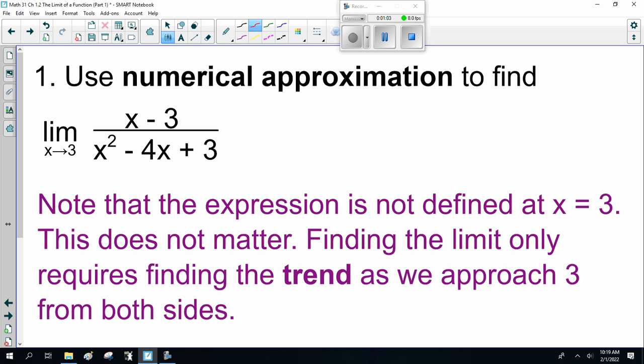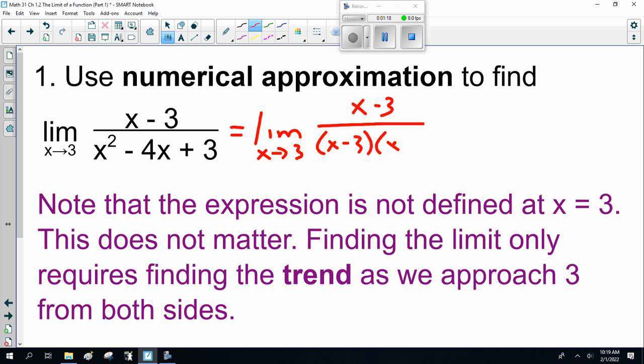We can simplify this. This is the limit as x goes to 3 of x minus 3 over x squared minus 4x plus 3, and you can factor the denominator. That becomes x minus 3 times x minus 1. Now, x minus 3 cancels out in the numerator and the denominator.